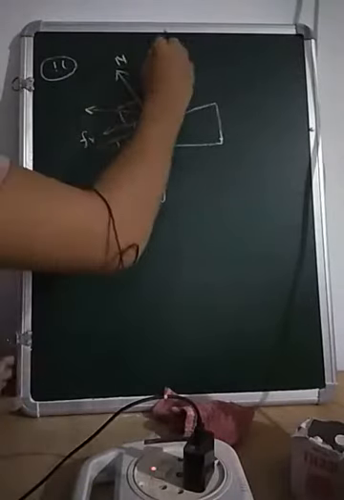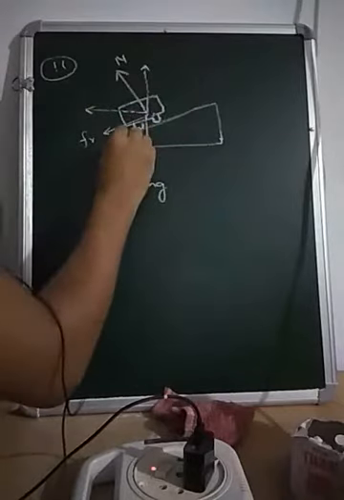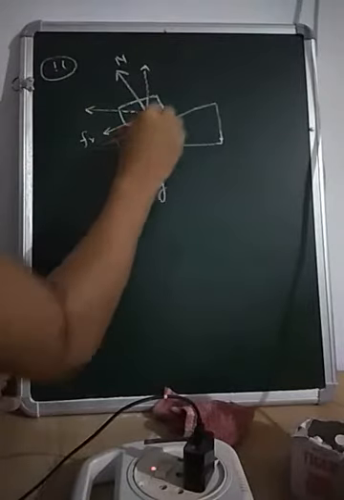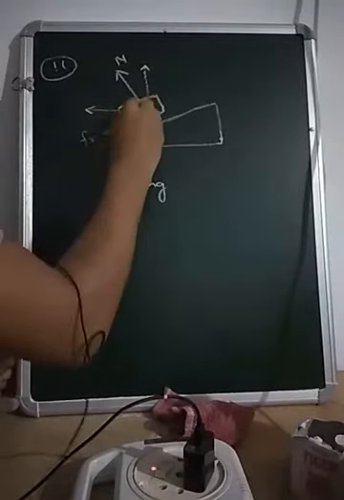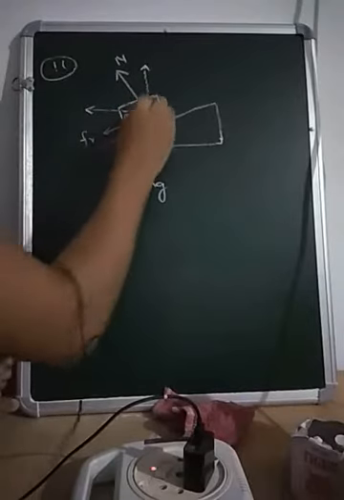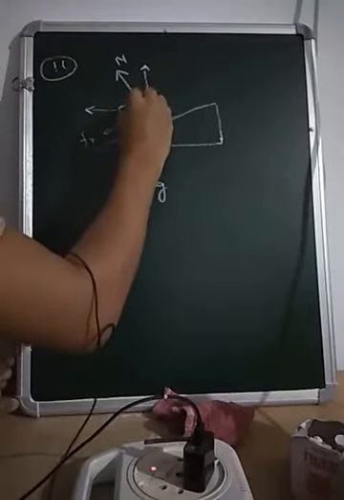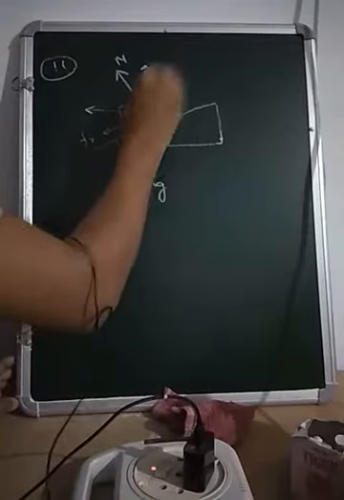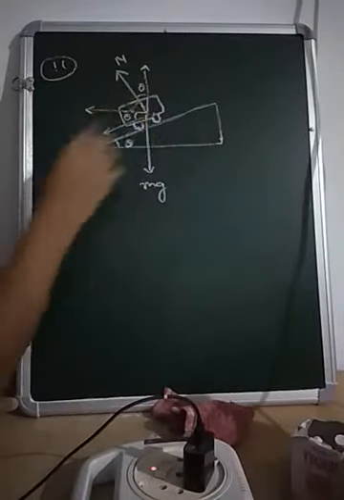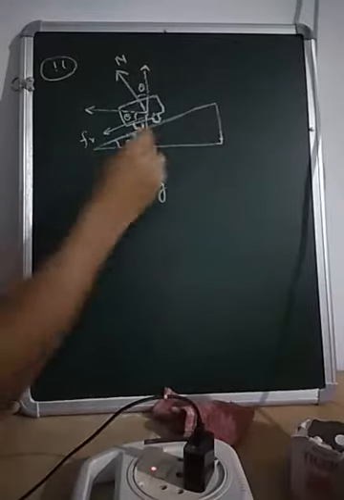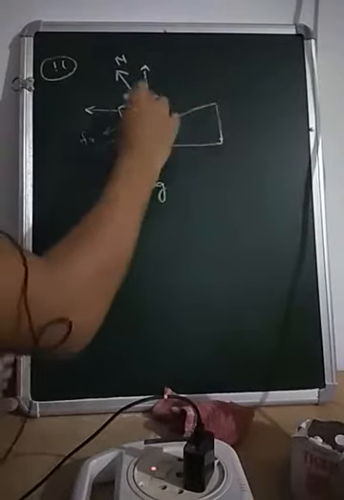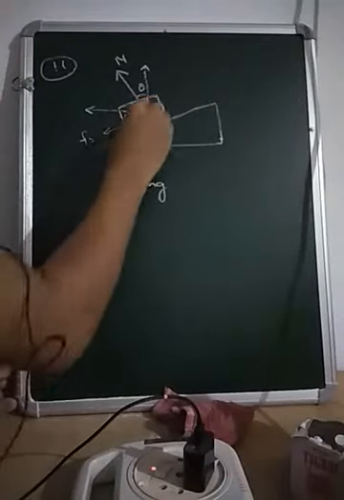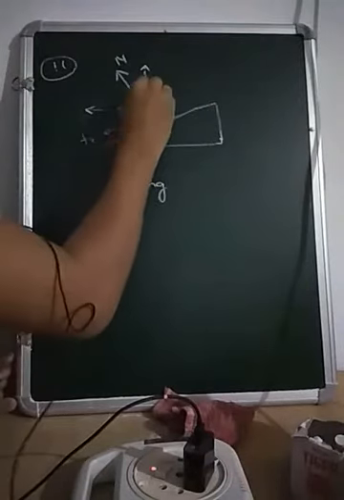See, this is theta, so this angle will also be theta. And this angle will be 90 degrees minus theta, and this will also be theta. So diagrammatically, this angle will be theta, this angle will be theta, and this angle will be theta.